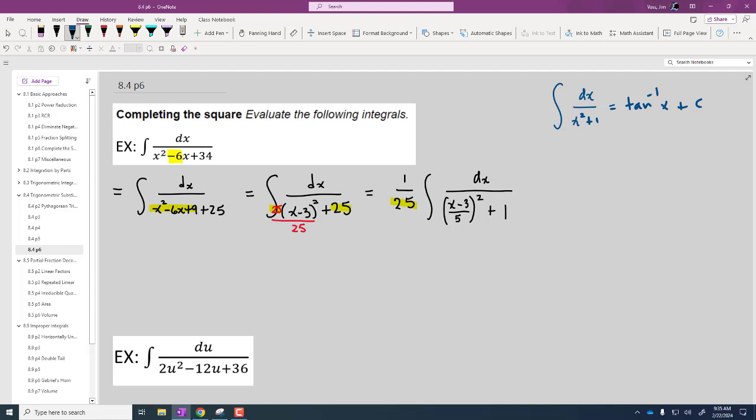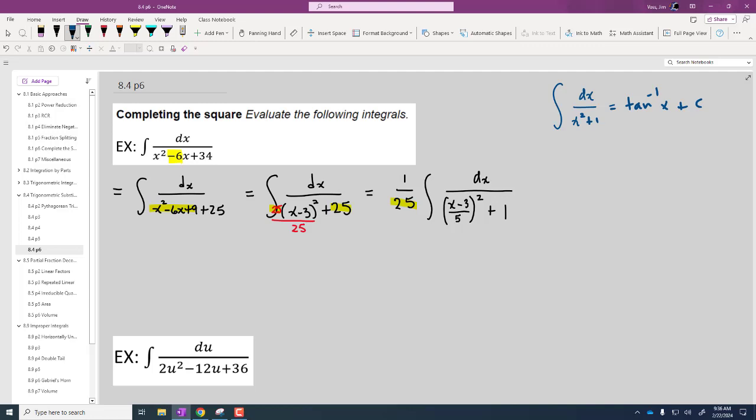We could take the derivative of the inside here and divide by the coefficient. What is the derivative of the inside here? 1/5. 1/5 is the derivative in there, because this is 1/5 x minus 3/5. So the derivative would be 1/5 if we took the derivative of the inside.